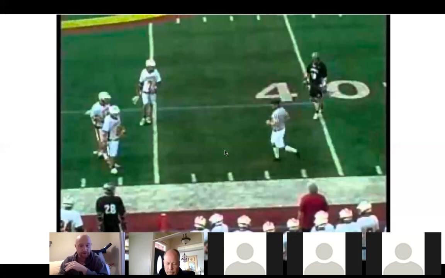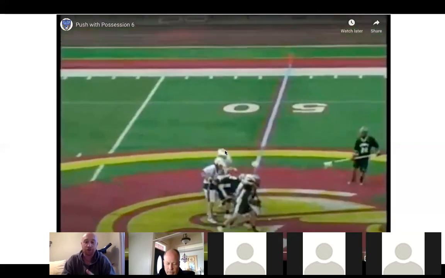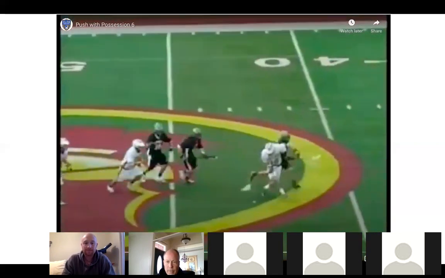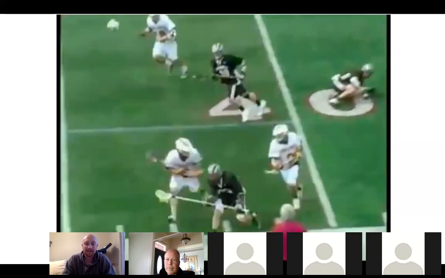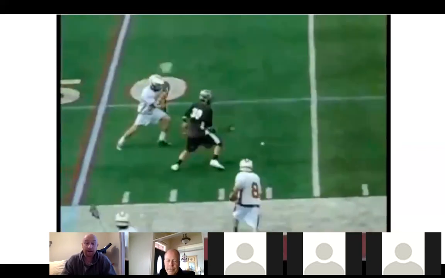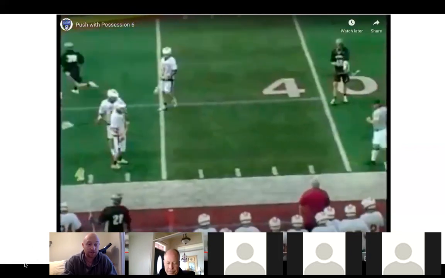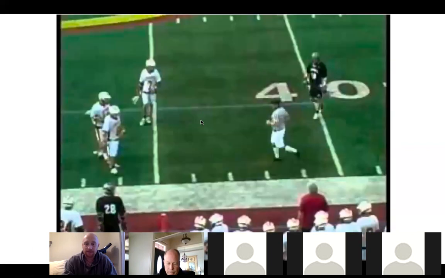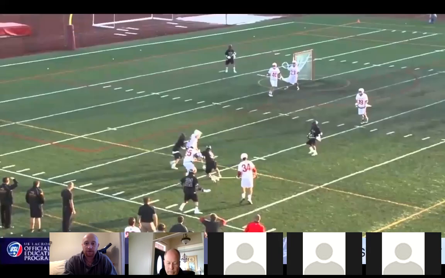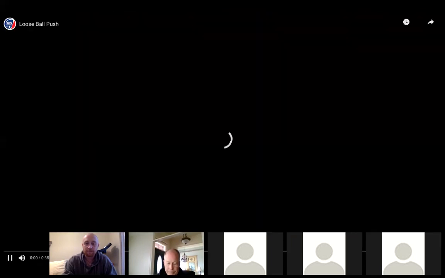Okay, here's the next example of a push. This is a push with possession. Ball's going towards the sideline. White player pushes him while he has possession of the ball. Let me pause that again. Go back so everyone can see it one more time.